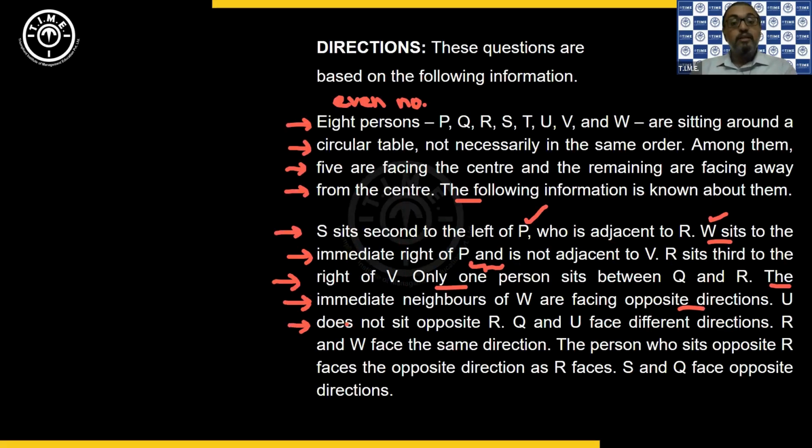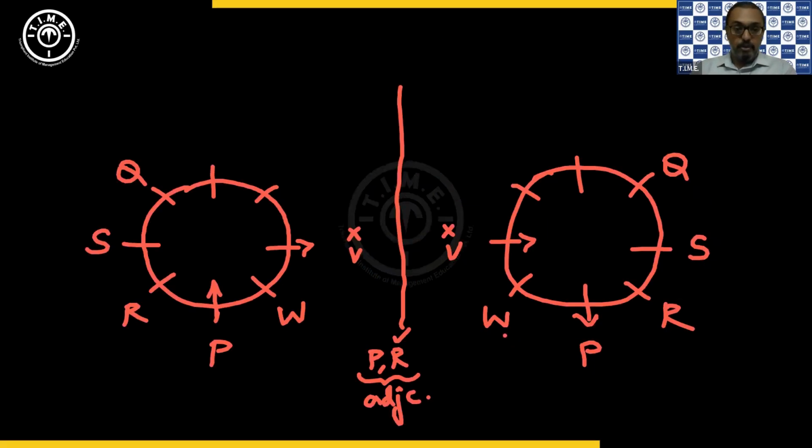Then U does not sit opposite to R. So U can be opposite to P, or U can also be opposite to S. Let us not fix them yet. U and R are not opposite, that much we can consider.